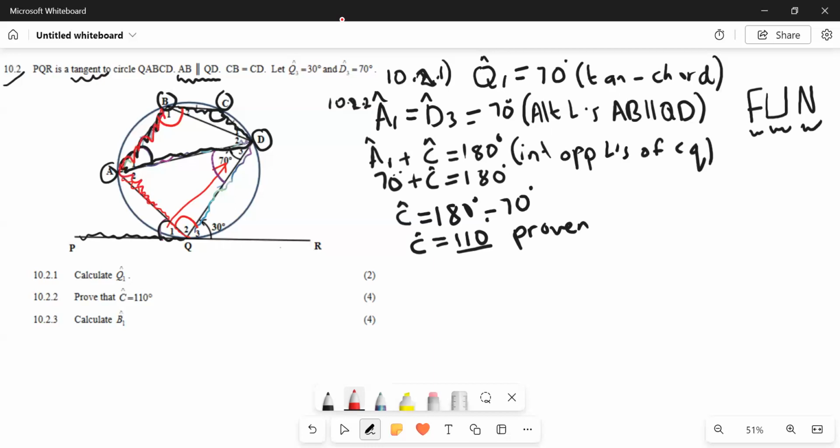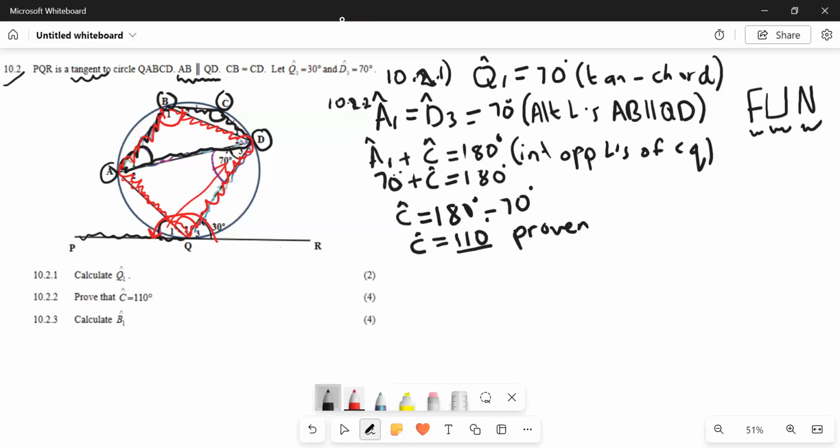B, A, Q, E, go back to B again. But another thing that we need to consider before we continue is the fact that Q1 plus Q2 plus Q3 equals 180 degrees, right?